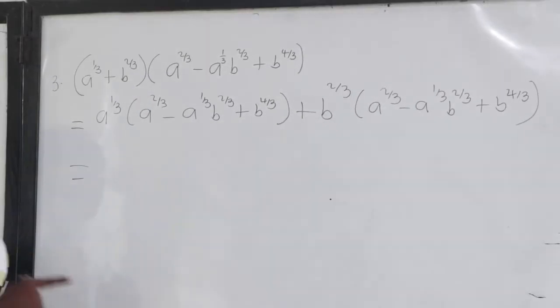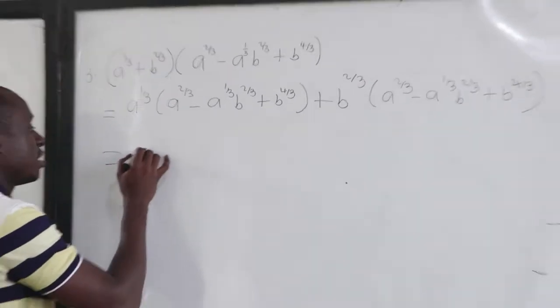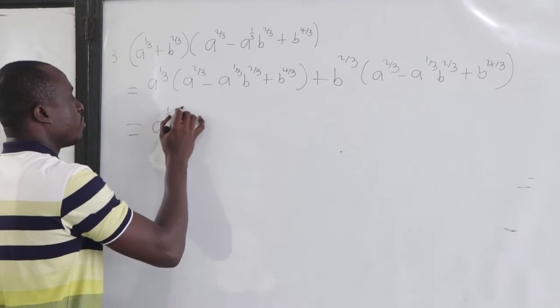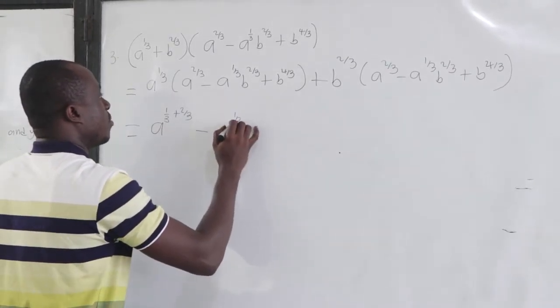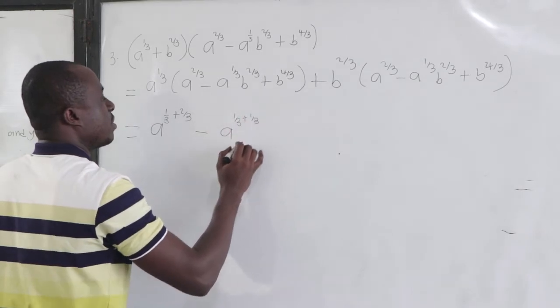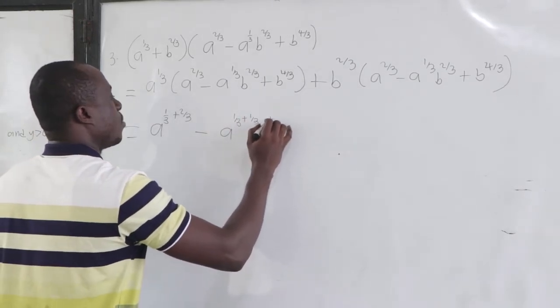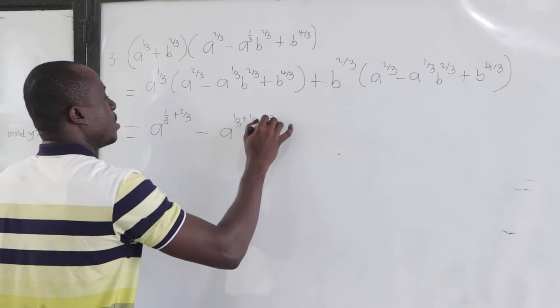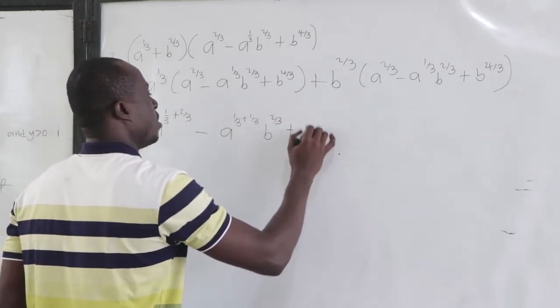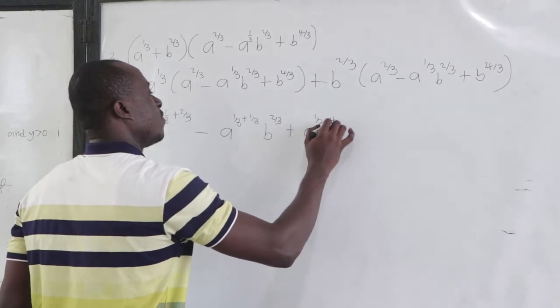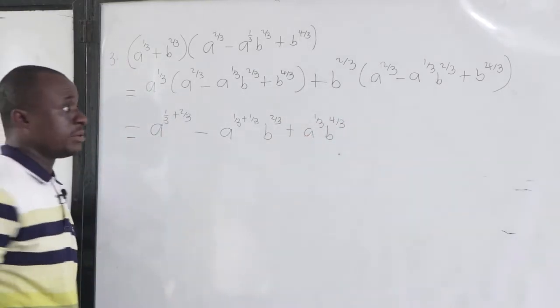Now we are multiplying, the bases are the same, so we add the exponents. We have here A to the power 1 over 3 plus 2 over 3. This time we have A to the power 1 over 3 plus 1 over 3, then B to the power 2 over 3. And then we have A to the power 1 over 3, B to the power 4 over 3.